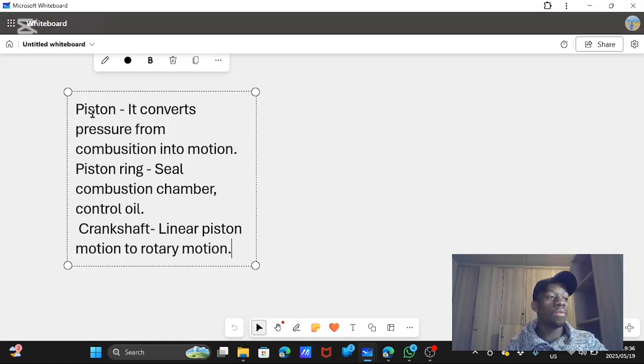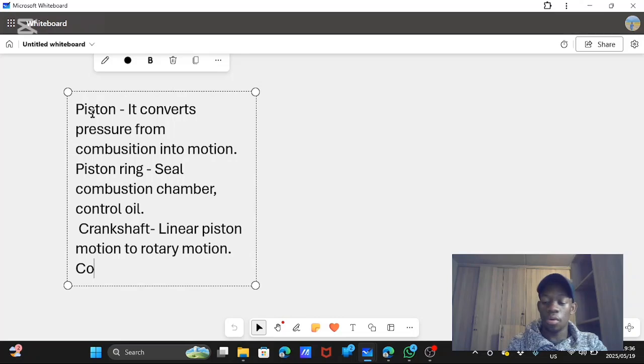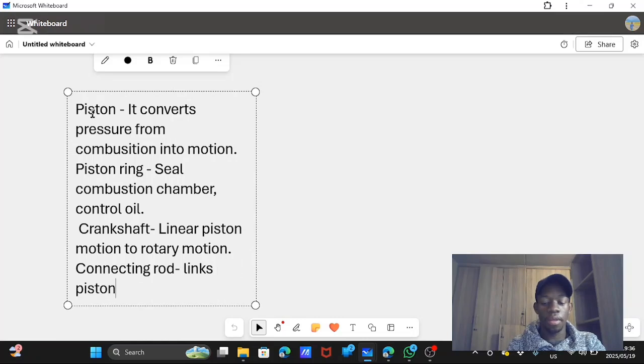Also again we have a connecting rod. You can define it as it links the piston to the crankshaft.